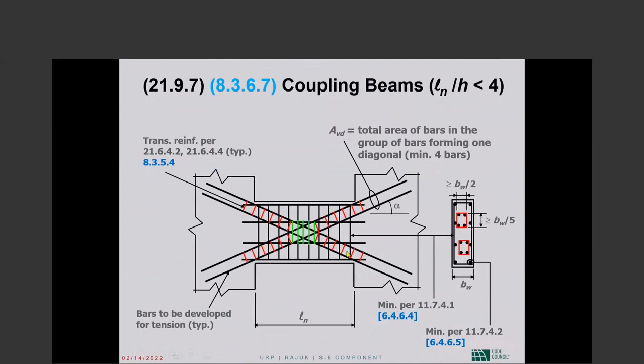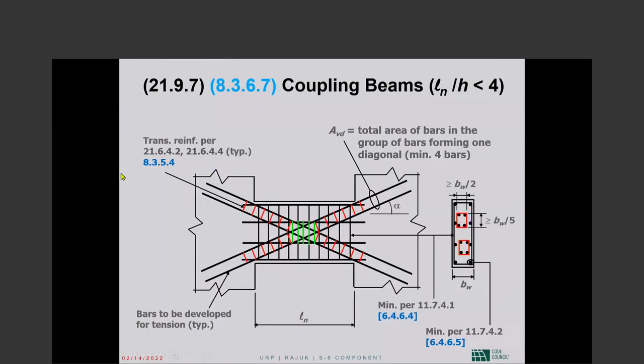This is what diagonal reinforcement looks like. Each diagonal shall consist of at least 4 bars. You can have 40 bars, you cannot have 3, at least 4 bars. And those bars shall be tied and cross-tied like column bars.